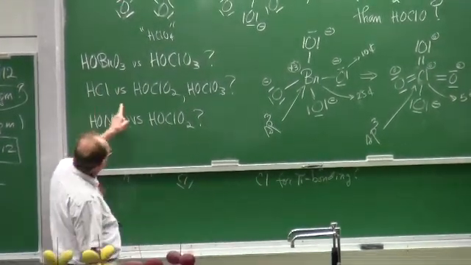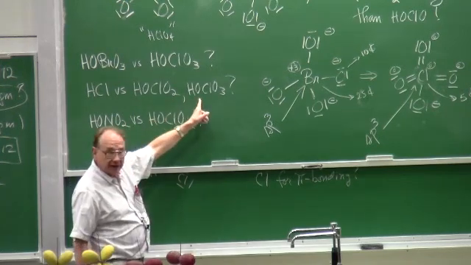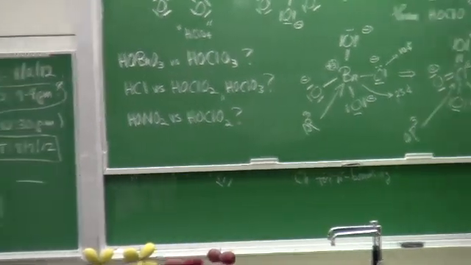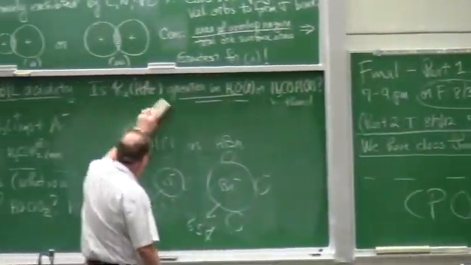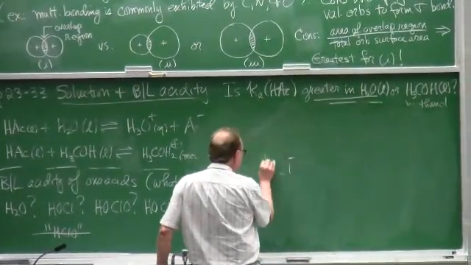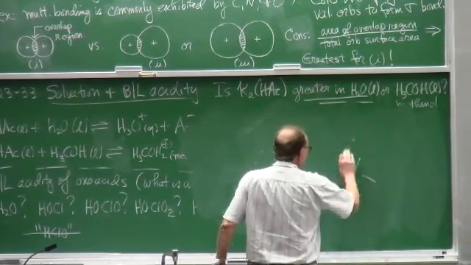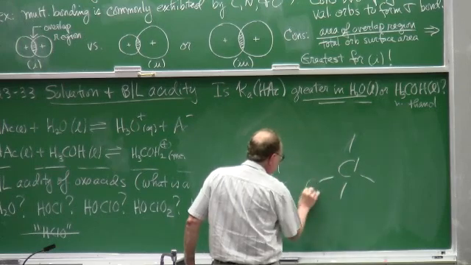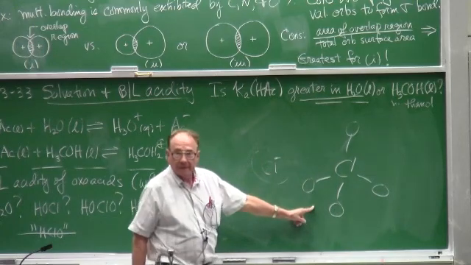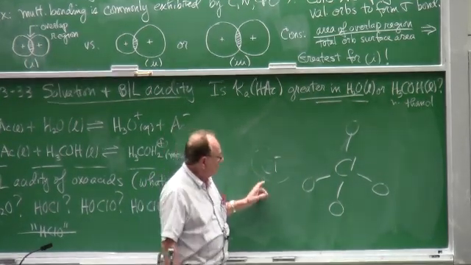Now what about HCl versus this or this? This is chloric acid and perchloric acid. Now if we go back to our acid-base table, we know that this ion is a more stable, less reactive base than this ion.